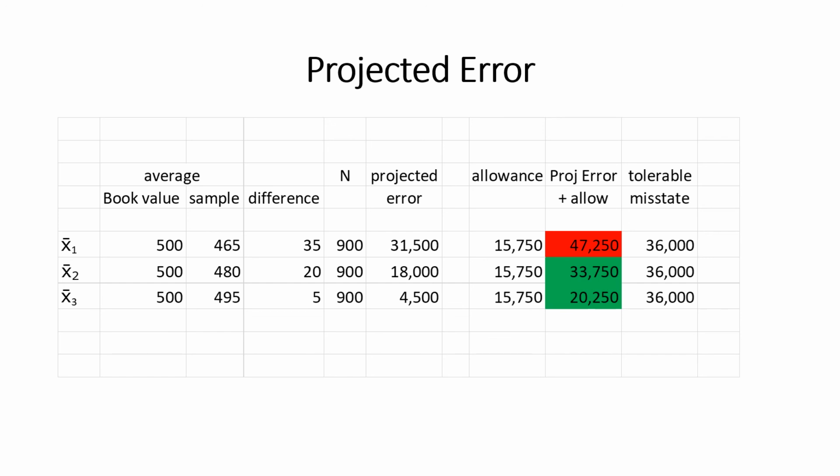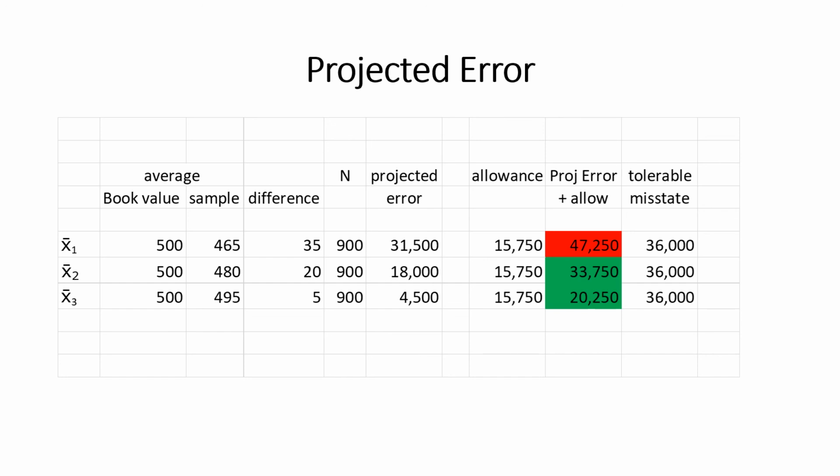If the sample result was 480, that would be a difference of 20, 500 minus 480. I multiply that by 900 to project it. I get 18,000. The projected error plus the allowance is 33,750. That's less than tolerable misstatement. I'm happy. My projected error plus my allowance needs to be less than tolerable misstatement.